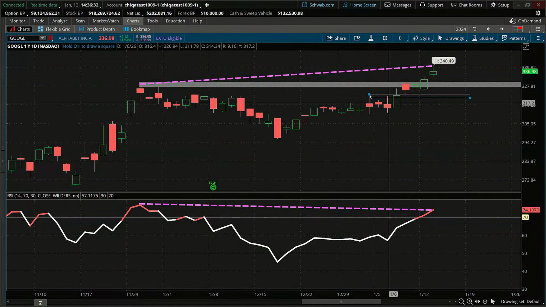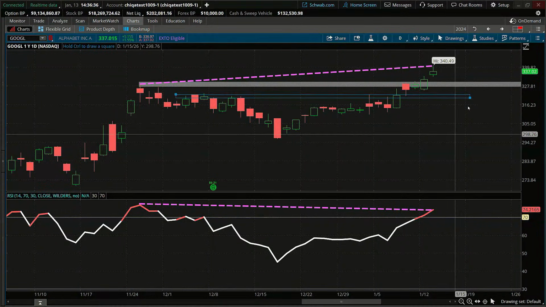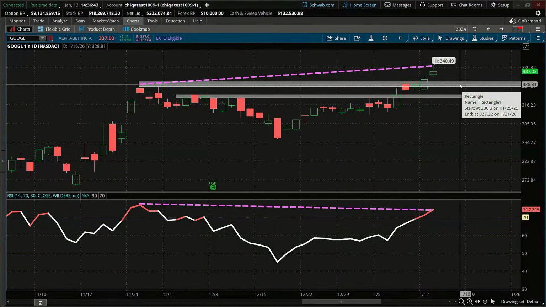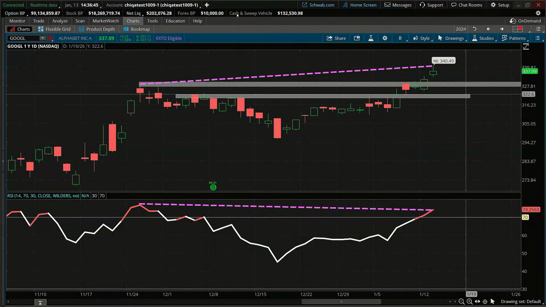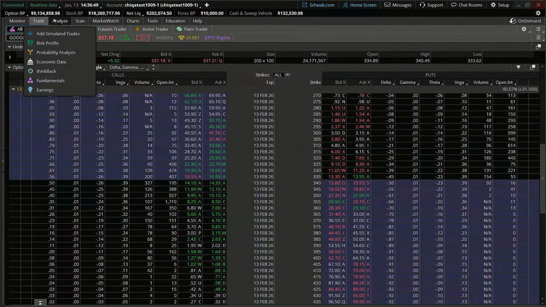I'm going to extend this all the way to the left. Right around 320, 322. Okay, so we have a couple different areas: 328 or so, 322. I'm going to look at the options chain here.